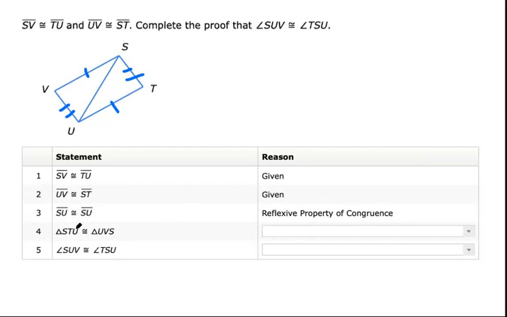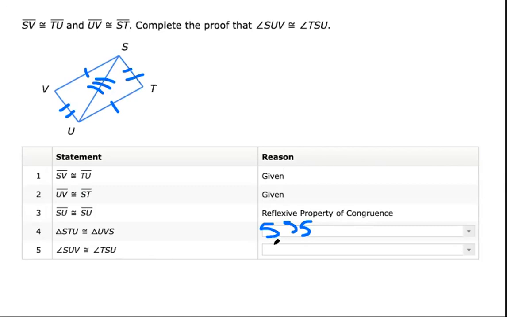And then we're looking at, remember, so they just gave us SU in the middle. So that means I'm going to do this third mark right here. So these three sides are equal. So this one is going to be side, side, and side, SSS. Okay. And then lastly, SUV and TSU are going to be congruent to each other.